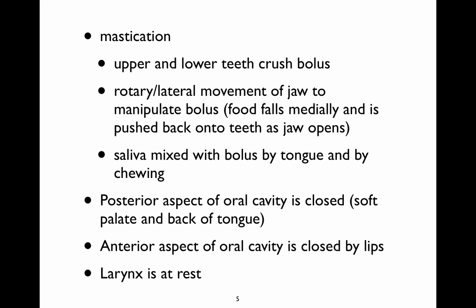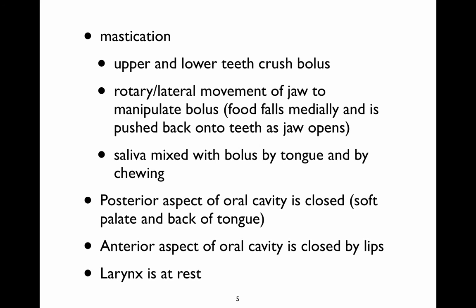In fact, we associate that just opening and closing, up and down kind of chewing with infants who aren't very skilled yet at chewing. We also need to take note that the jaw moves in a lateral and rotary fashion to help manipulate the bolus.